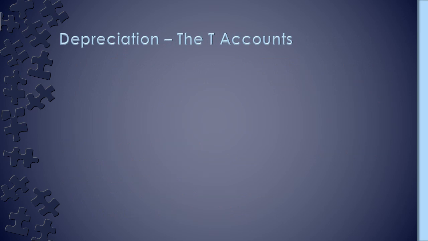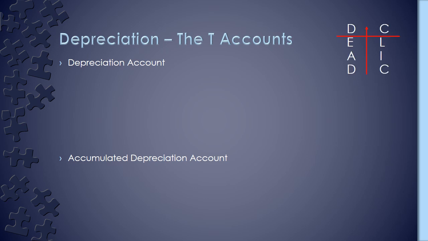So let's have an overview then of the T accounts that are used in depreciation. The two accounts that we will use for recording the depreciation are your depreciation account and your accumulated depreciation account. I'm just going to bring up our debit credit guide up here in the corner to remind us while we go through how we put a figure into these accounts.